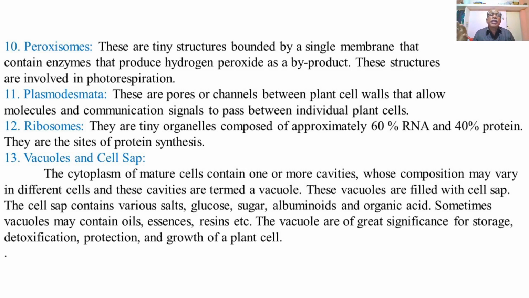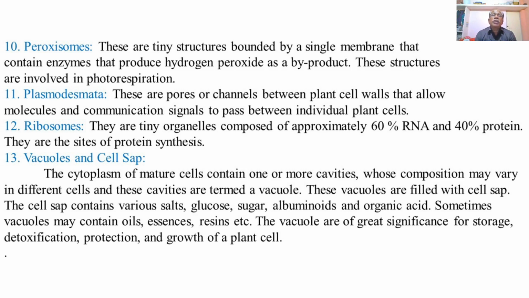So peroxisomes are also cell organelles, tiny membrane bound structures with a single membrane, containing enzymes which produce hydrogen peroxide as a byproduct, and are involved in the process of photorespiration.